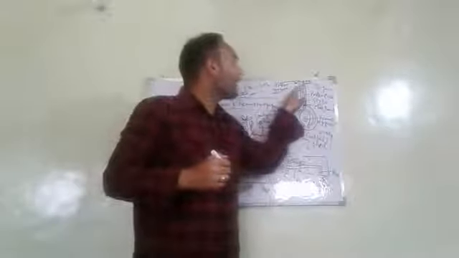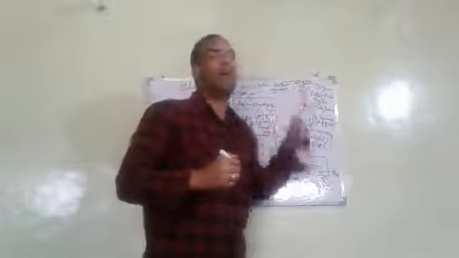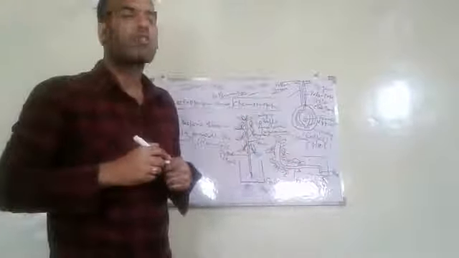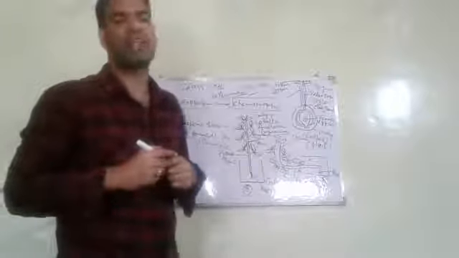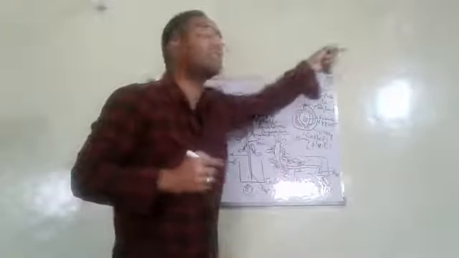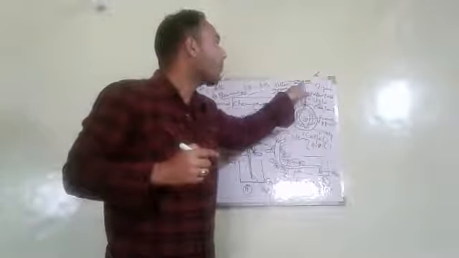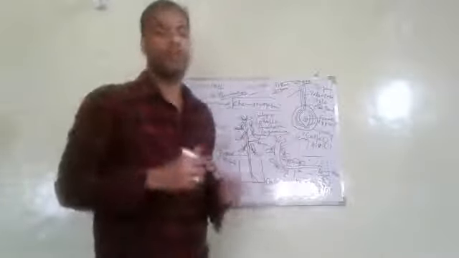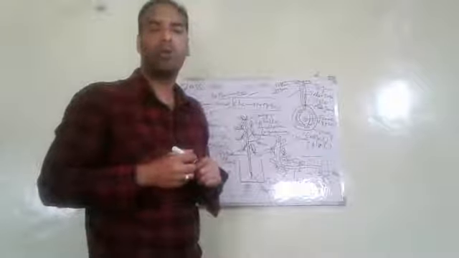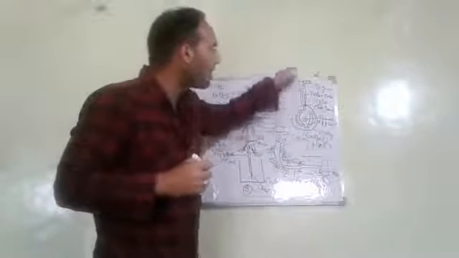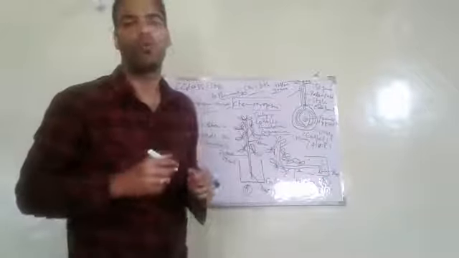And when pollen grains fall on it, this stigma secretes sugary substances, which are mainly chemical substances. In response to this stimulus, the pollen grains grow down through this style and form a tube-like structure known as pollen tube.